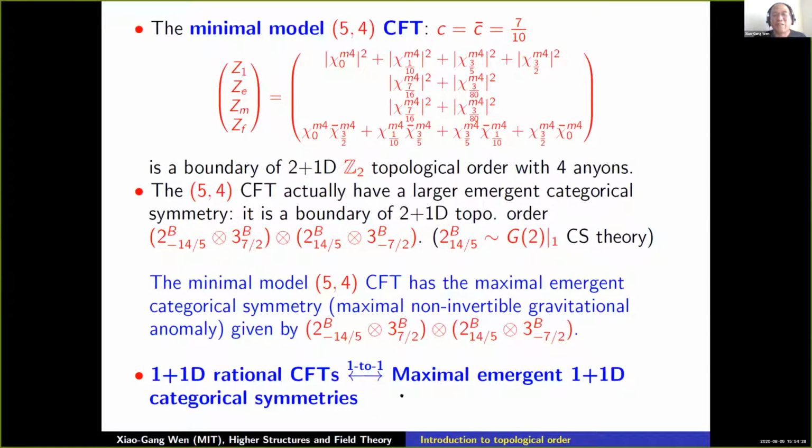So this is really very suggestive. Maybe this is a better way to say that 1+1D rational CFT maybe has a one-to-one correspondence with a maximum emergent categorical symmetry. And so we can use the maximum emergent categorical symmetry to classify 1+1D CFT. And here I just want to mention that choosing the maximum emergent symmetry is like choosing the smallest character.